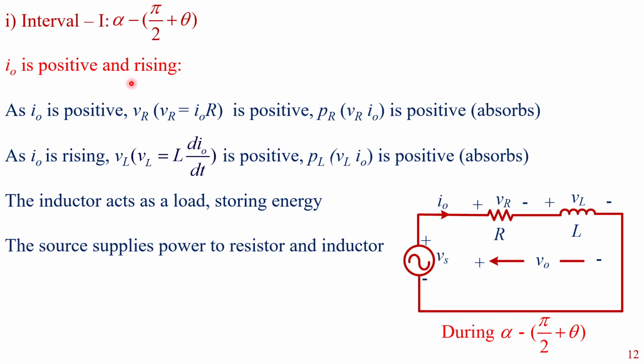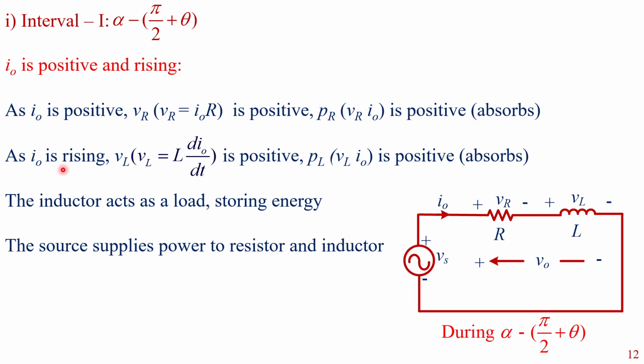During this interval, the load current is positive and it is rising. As the load current is positive, the voltage across the resistor is positive. The voltage and current in a resistor are always in phase, so the power of the resistor is positive. It means the resistor absorbs power.